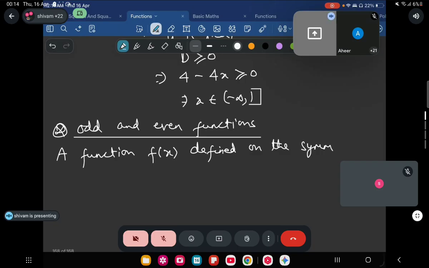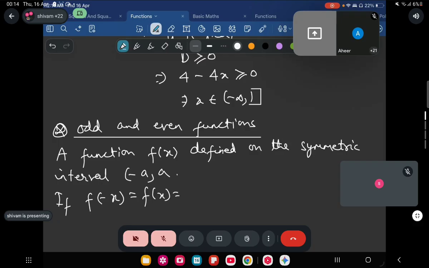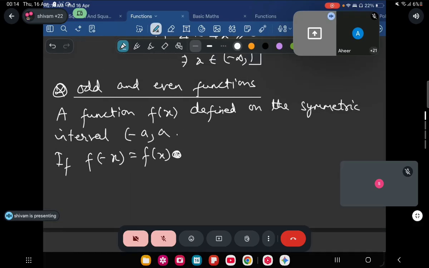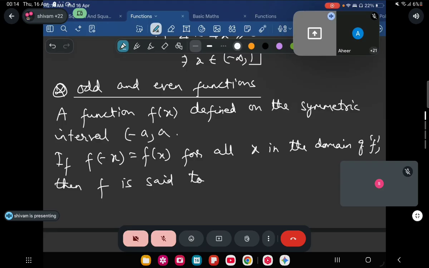Okay, defined on the symmetric interval minus a to a. Like this it is defined. And if f of minus x is equal to f of x for all x in the domain of f, then f is said to be an even function.